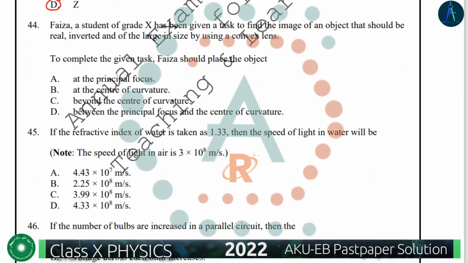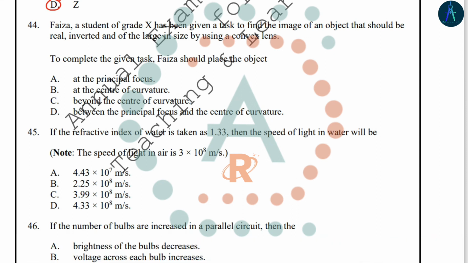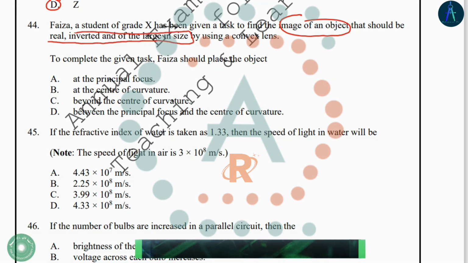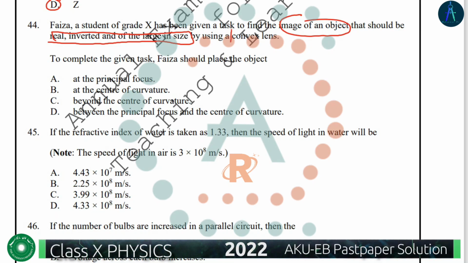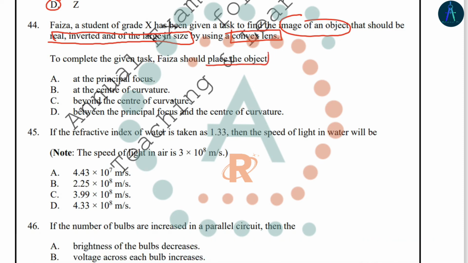Faiza, a student of class 10, has been given the task to find an image of an object that should be real. The image of an object is real, inverted and large size. And she is given a convex lens, that is the converging lens. So to complete her task, she should place the object at which position?